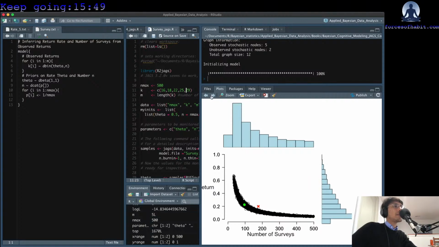Very sensitive to these success rates. A success rate of 29 out of 500 really puts a lot more predicted number of surveys. Shoots up.